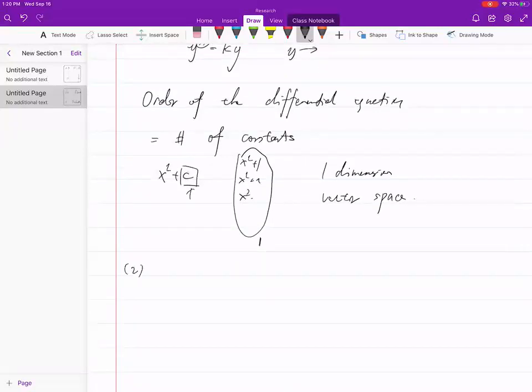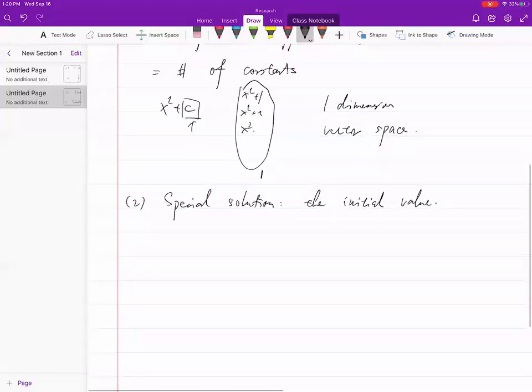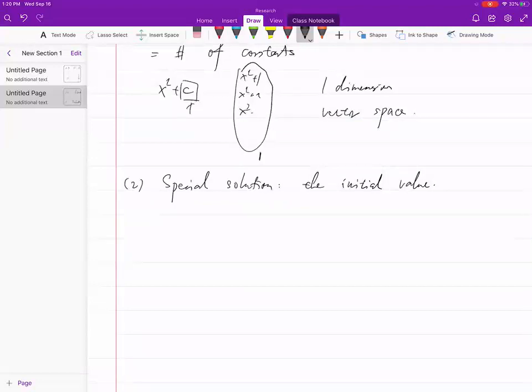Then the second thing we were talking about is what if I want a special solution, which means there's no constant. Then of course, what you are going to ask for is additional information, which we call the initial value. Then what you will see is a differential equation paired with initial values, or let's call it initial conditions, either way.